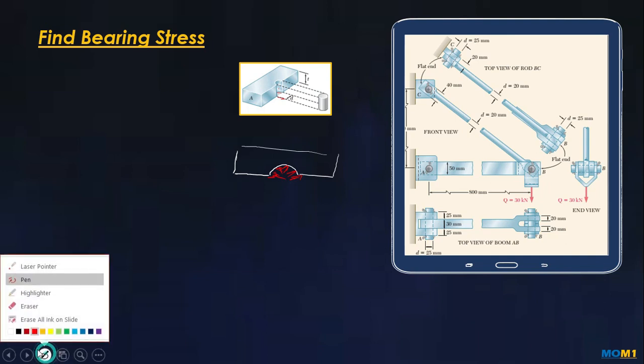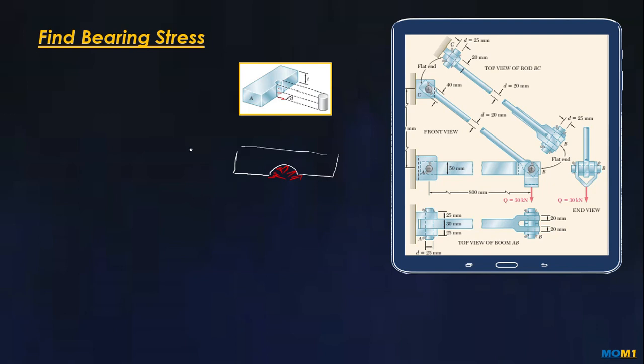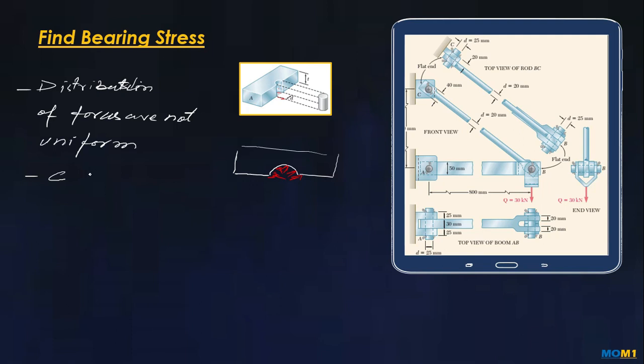Here we can see that the distribution of forces is not uniform, not for magnitude and not for direction. Circular distribution of forces.